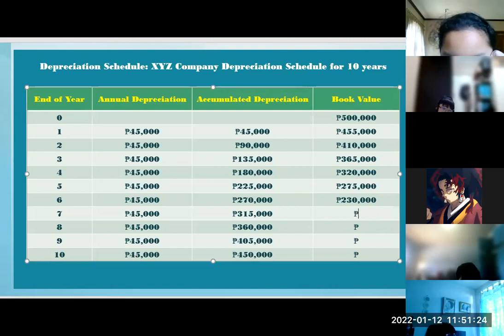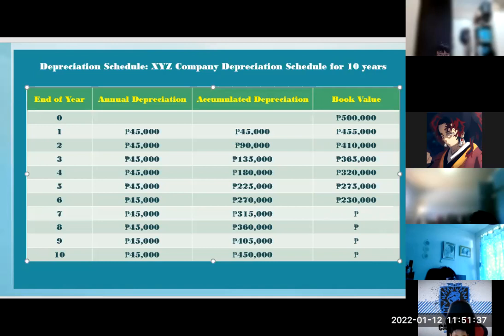Gianna. Gianna, what's our book value? Hello, Chair. Yes, we can hear you now. Sige, we'll go back to you. Miss Gianna first. Miss Gianna, what's our year 7 book value?